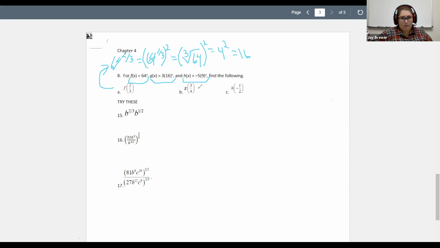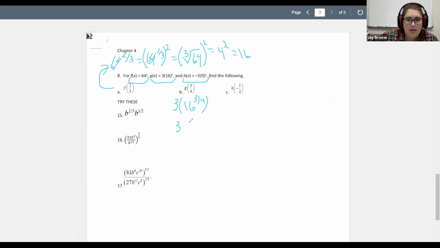Same thing with B, except you have a 3 outside. So 3, 16 raised to the 3/4. I'm just going to write this down and then we'll erase to do 15, 16, and 17.